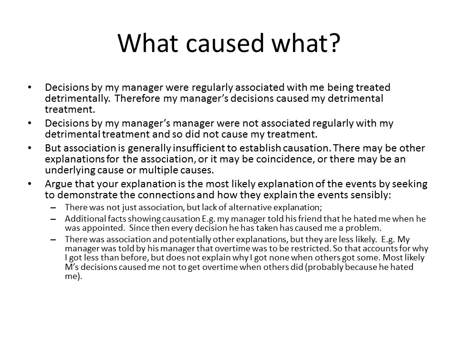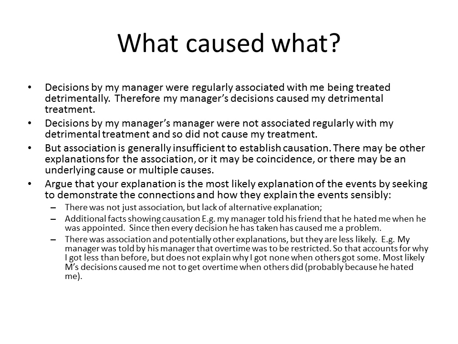Or you might want to say there was association of the decision and the detriment and other explanations, but those other explanations are less likely than the one that you're putting forward. So, for example, your manager was told by his manager that overtime was to be restricted.